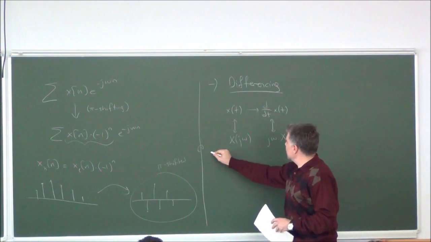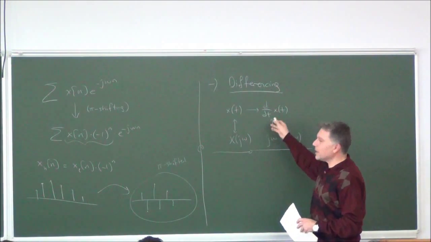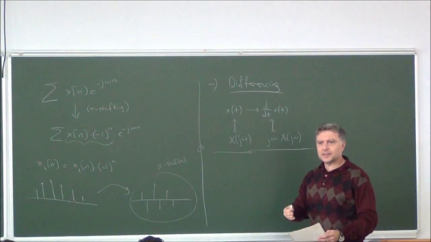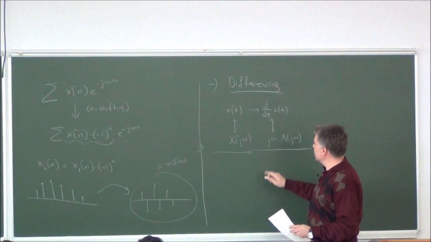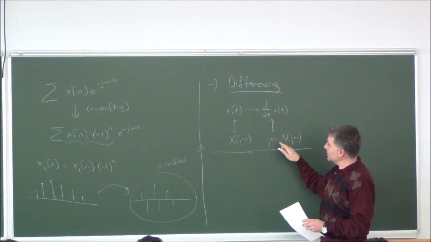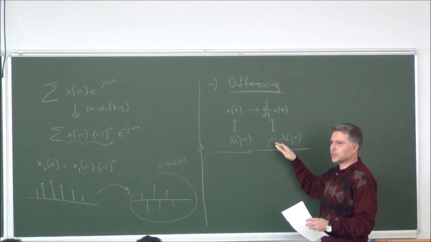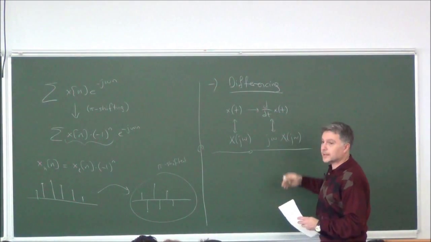Now in discrete time we don't have a differentiation, of course. We have only differencing, and things are a lot easier than differentiating, because in differentiation it's quite awkward to see why this kind of an effect by multiplication with j omega will make a derivative.